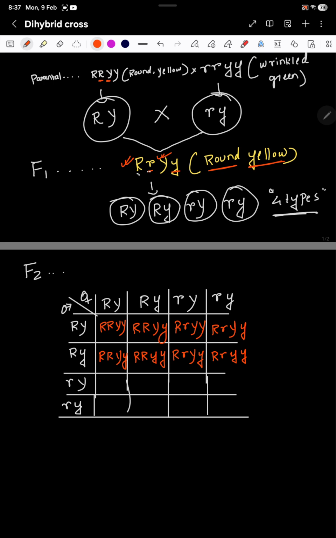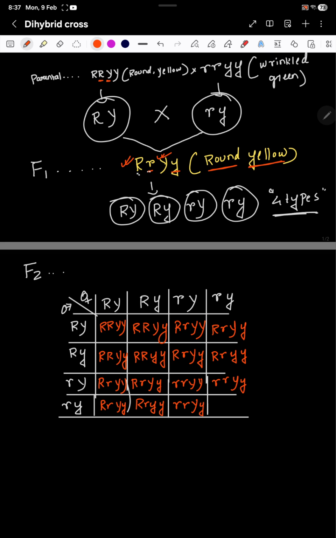Now see again, capital R, small r, capital Y, capital Y, capital R, small r, capital Y, small y, small r, capital Y, capital Y. So small r, capital Y, small y, capital R, small r, capital Y, small y, capital R, small r, small y, small y, small r, capital Y, small y.